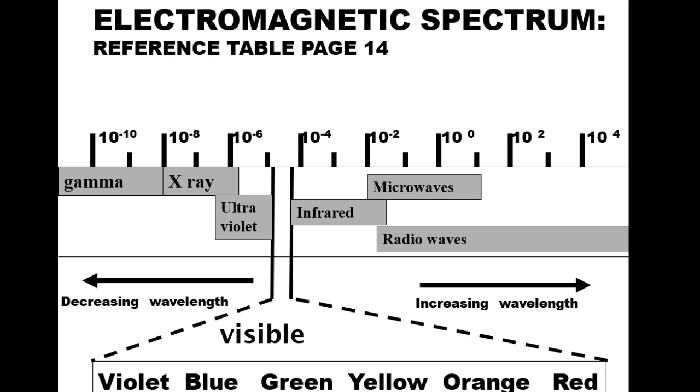And they go from decreasing wavelength, which is a shorter wavelength packed with power, all the way through to the weakest energy waves, the radio waves or the microwaves. Those are all increasing in length, and there is not as much power involved with those.